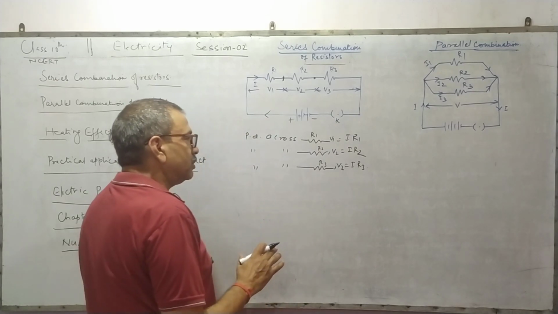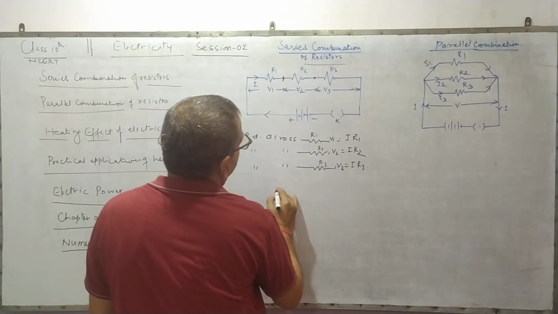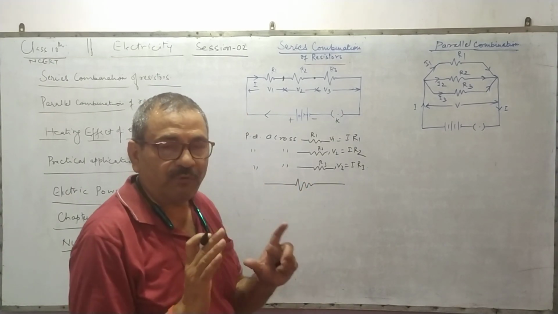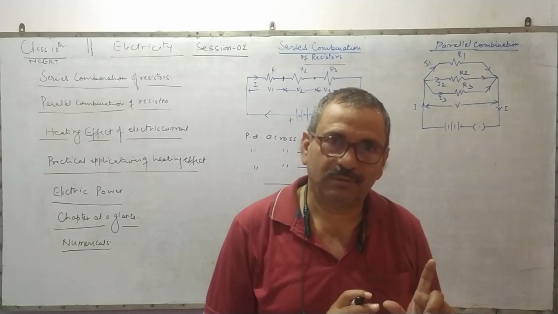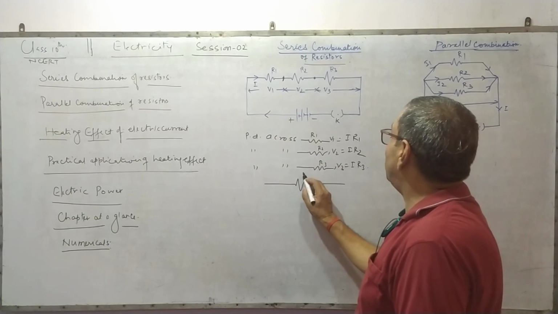Now if we replace this combination by a single resistance that drops the same voltage as the combination does, this will be known as equivalent resistance.